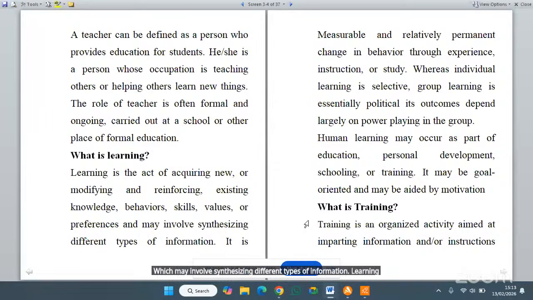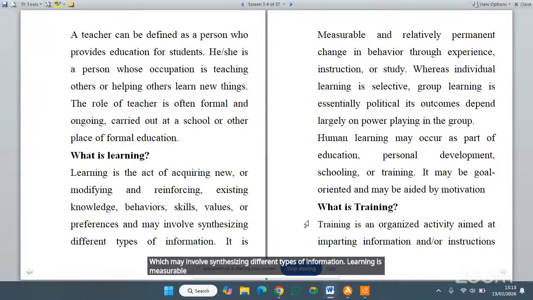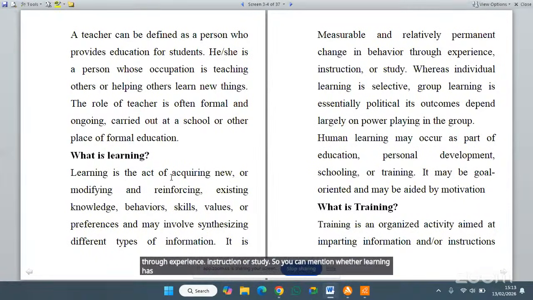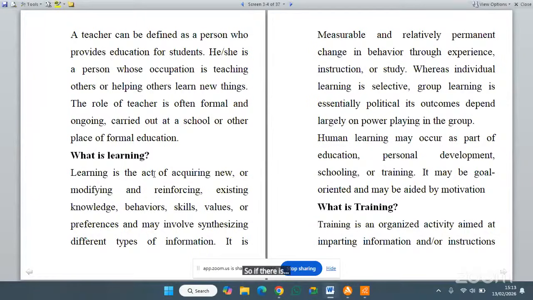Learning is measurable and relatively permanent change in behavior through experience, instruction, or study. So you can measure whether learning has taken place through change of behavior. So if there is change in observable behavior, then it is a testament of learning that has taken place.